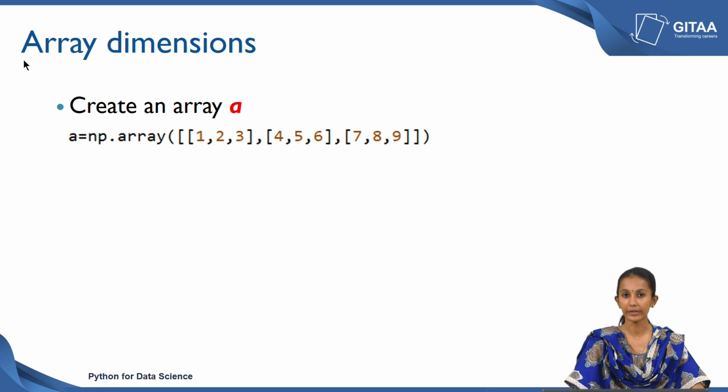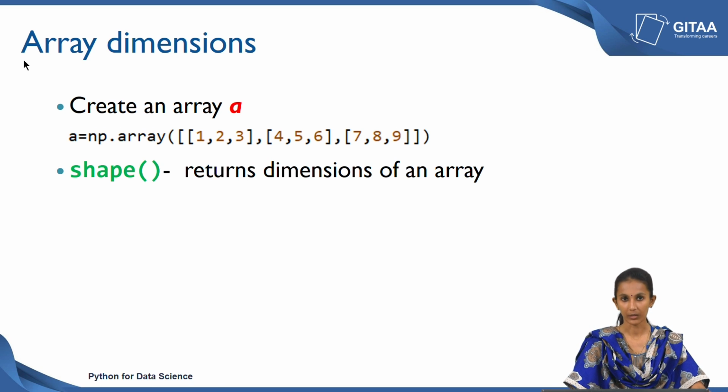If you wanted to create a 3 by 3 array, then you have to specify the values for the first row as well as for the second row and the third row. In the first square brackets, I mentioned the values 1, 2, 3, which correspond to the first row, 4, 5, 6 correspond to the second row, and similarly for the third row. So, when you print A, you will be getting a 3 by 3 array.